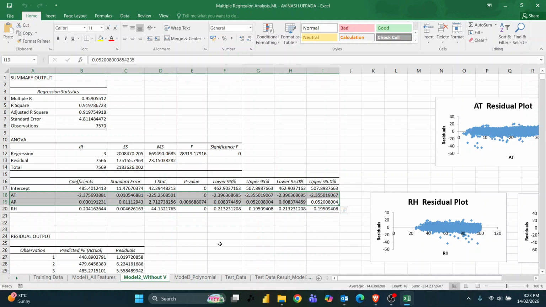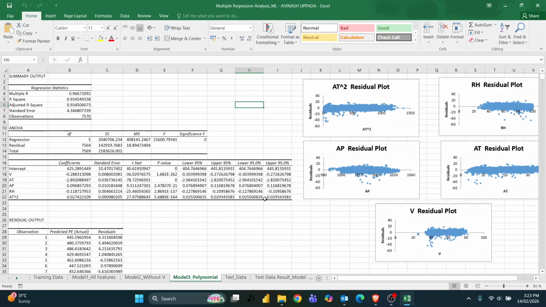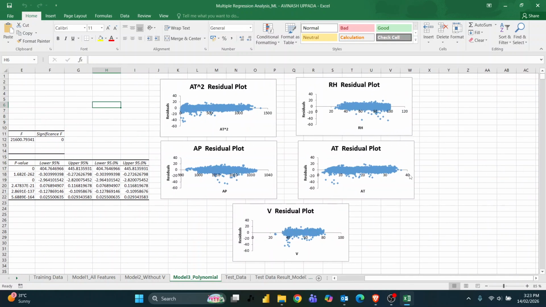So in the third model I had to take polynomial regression, where I take one of these features and square it up. I chose AT, the average temperature, and squared it up, and this is how the third model came out. Now if you see the difference, all of these graphs have a better shape.